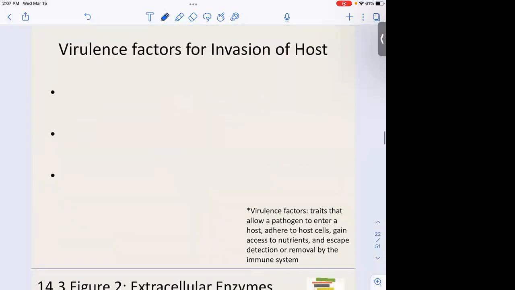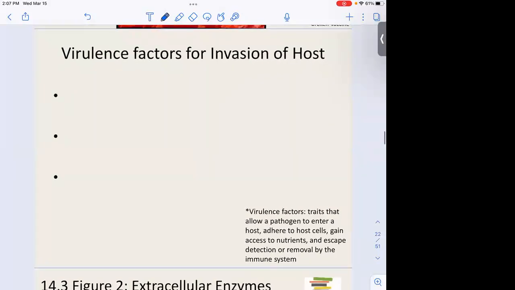All right, so invading deeper into host tissues, some more examples of virulence factors. 3 big ones. We're going to talk about some extracellular enzymes, also known as exoenzymes. If you're in lab, hopefully you remember we had a whole lab, 5 different exoenzymes that we looked for. We're going to explore the role of toxins.